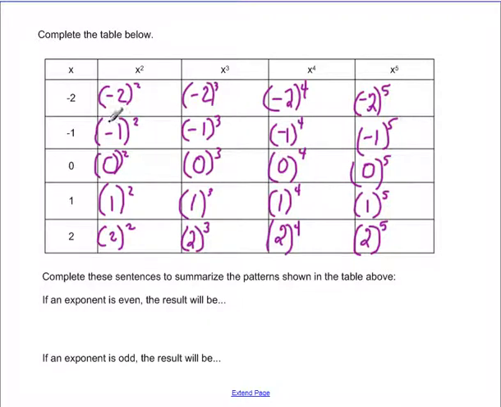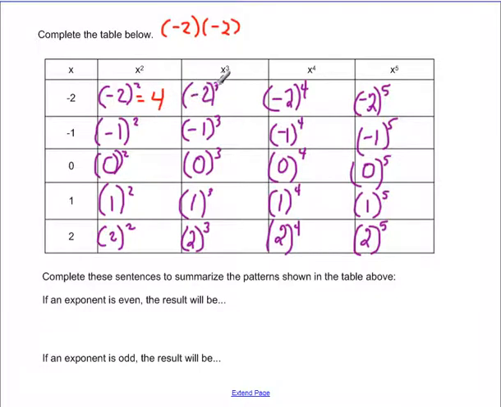I've gone ahead and done the substitution steps all the way through. So now all we need to do is the evaluating piece. In this first one, we have negative 2 raised to the second power. Think about that as negative 2 times negative 2. The negative is holding on with the parentheses. So negative times a negative is a positive, and 2 times 2 is 4.